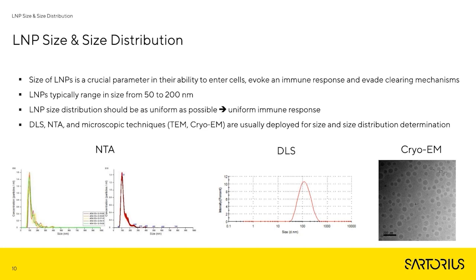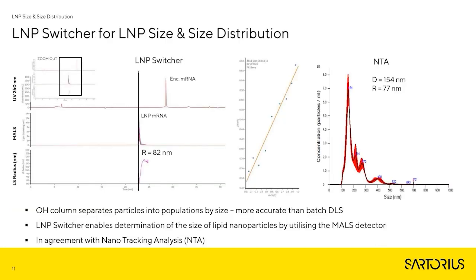DLS is the most widespread one. You get very fast results, but you can get very misleading results, because a very large particle will give you a much larger response, and that can skew your results towards larger average values because you are not separating subspecies. So that's why it's also good to do subspecies separation with certain techniques.